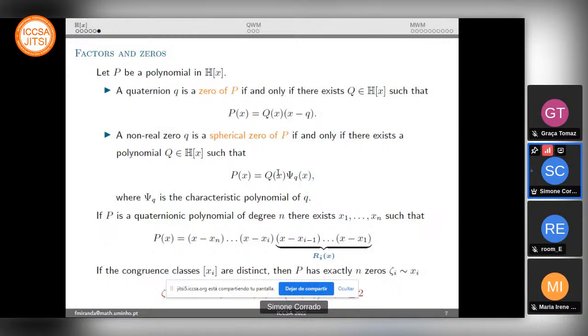As a consequence of this result, we can factorize a polynomial P this way, which means that there exist quaternions x1, etc., xn, such that we can write the polynomial P this way.